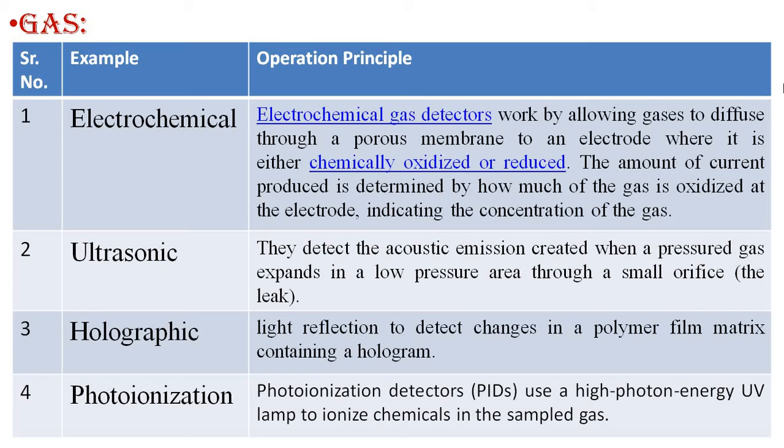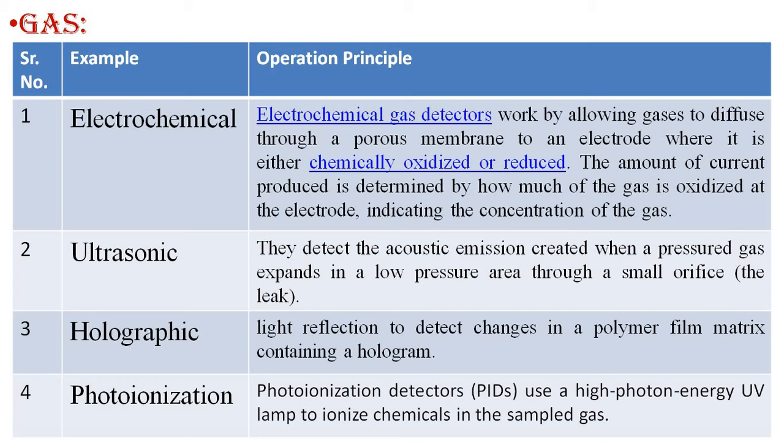The amount of current produced is determined by how much of the gas is oxidized at the electrode, indicating the concentration of the gas. So it depends on how much gas is passing through, and it is chemically oxidized or reduced.